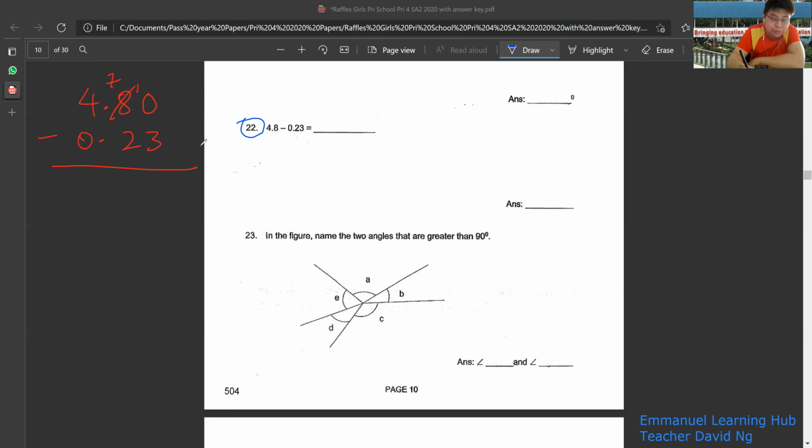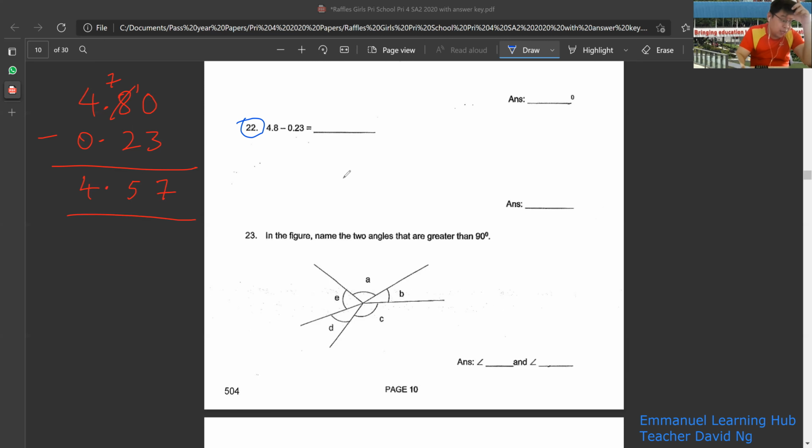Can borrow. Same concept. So 10 minus 3 equals 7. 7 minus 2, 5. 4 minus 0, 4. Decimal point, same place.